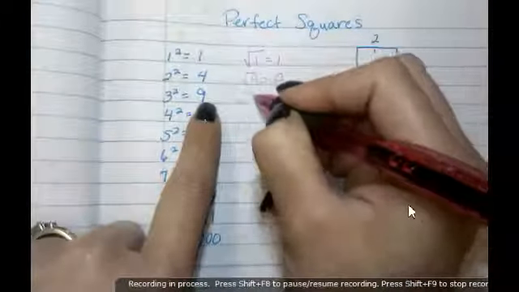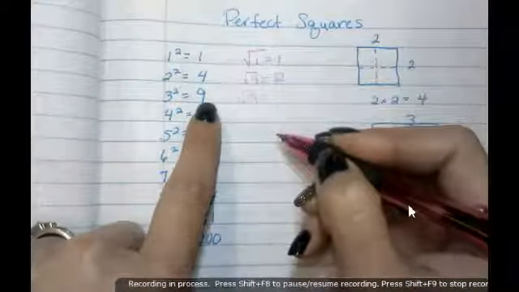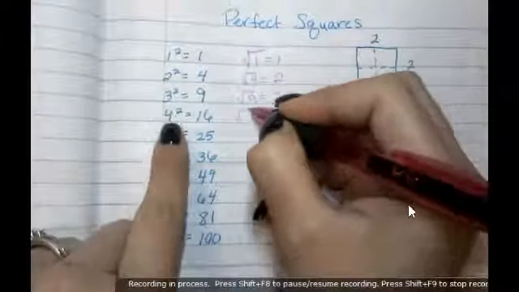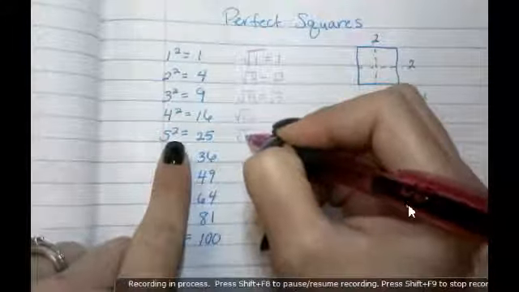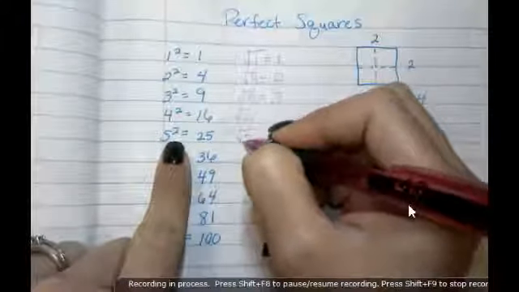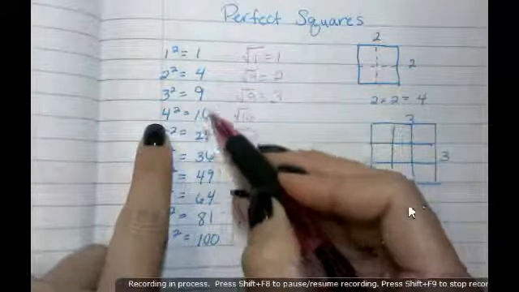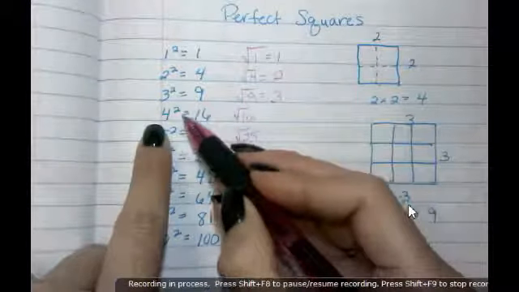The square root of 9, what number times itself gives us 9? 3. So you can see that I'm really just working backwards. Instead of multiplying that base number times itself, I'm starting with my solution and working backwards.